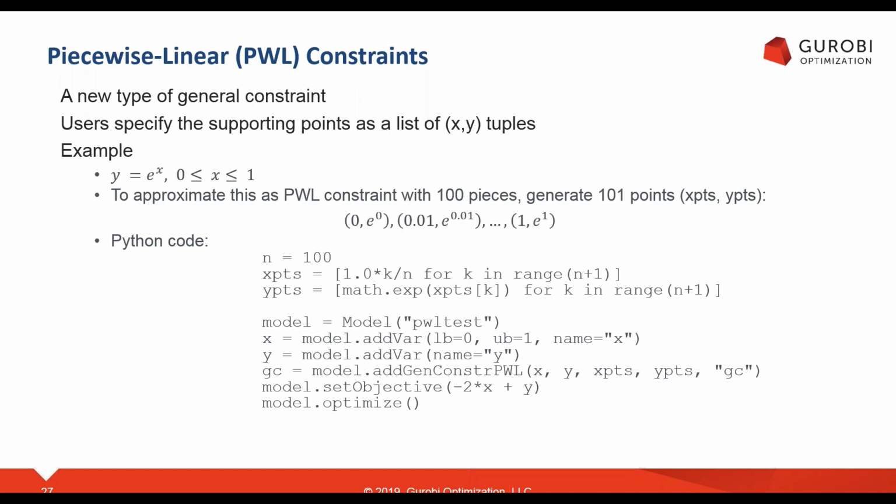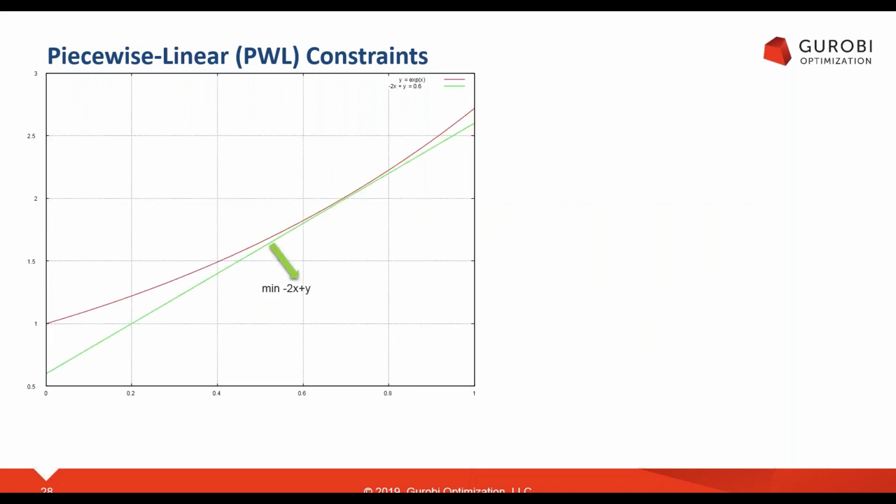You specify the variables x and y, you specify the points xpts and ypts, and then you can also give a name to this constraint. Then I also added here an objective function that makes this a little bit more interesting, and then you call optimize. And then here on this slide, you see how this looks.